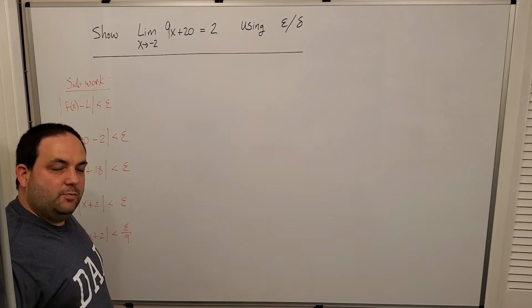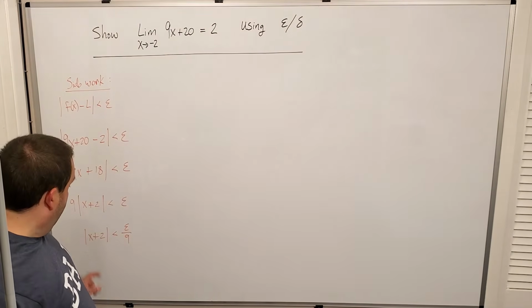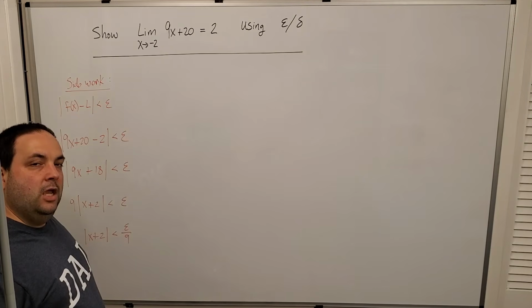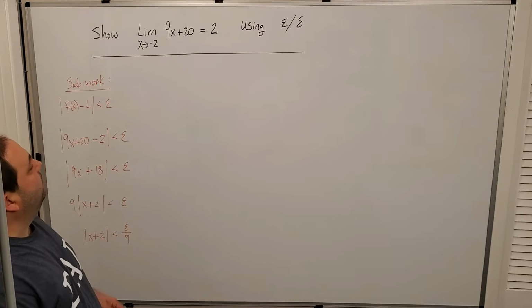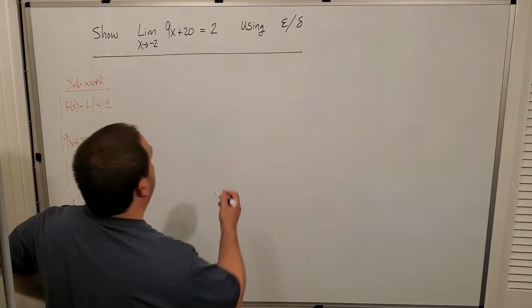So at this point, it's a matter of recognizing that x plus 2 is exactly what we need to do in order to prove the limit is equal to something, right?